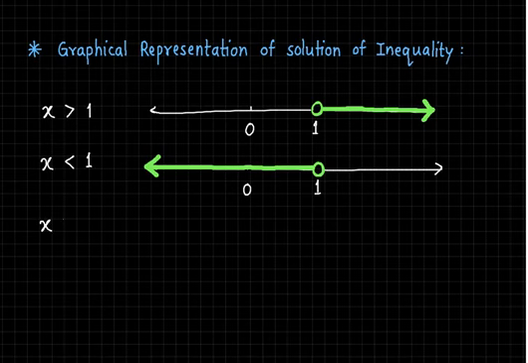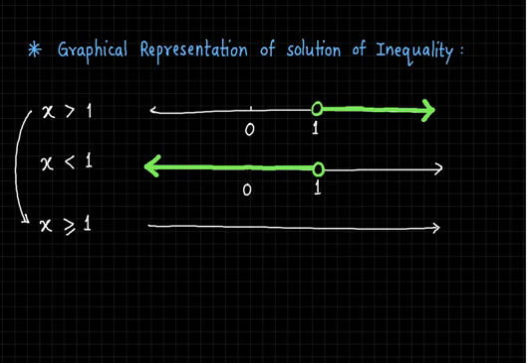Okay, now let us consider a slightly different question. Suppose we want to show x greater than or equal to 1. If you compare that with the first one, the only minute change is that now I allow x to be equal to 1 also. So x equal to 1 is also a valid solution here. So you see how we will show it.